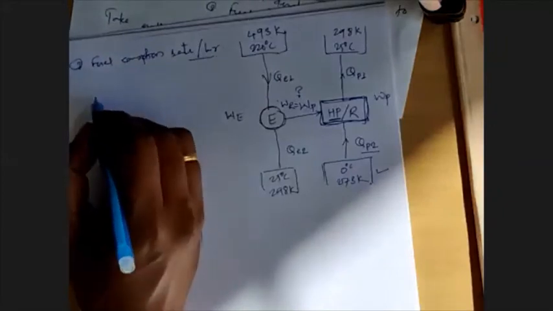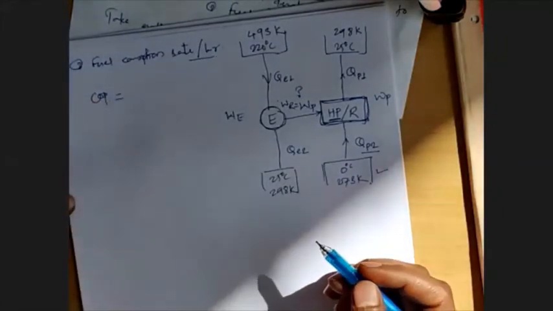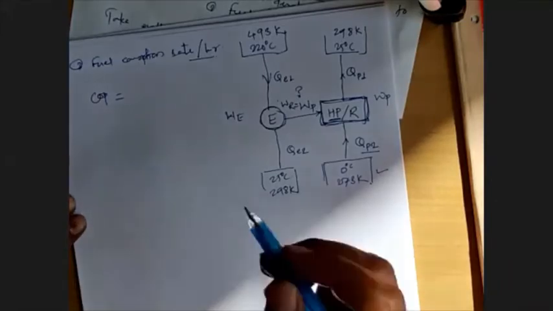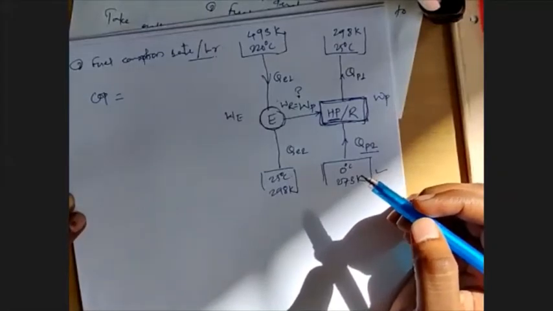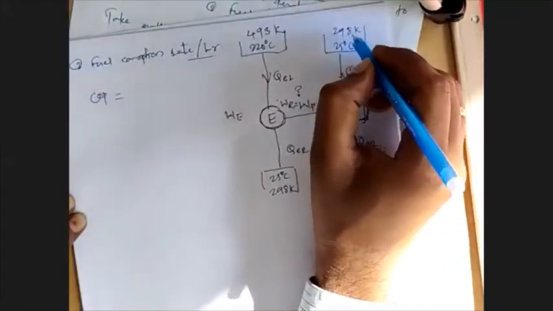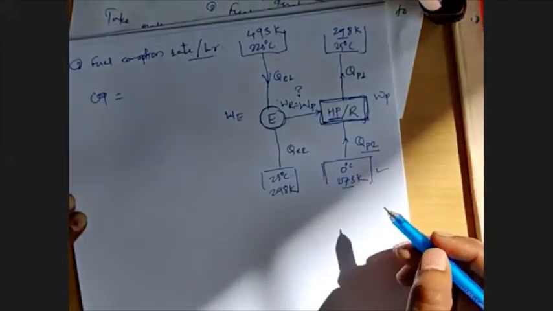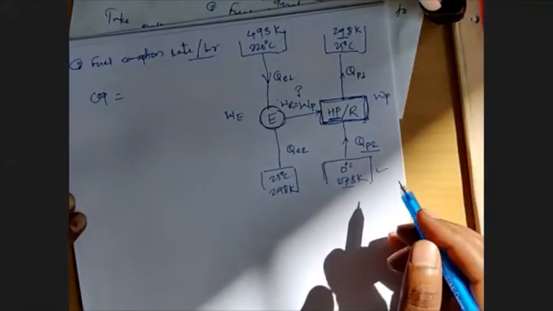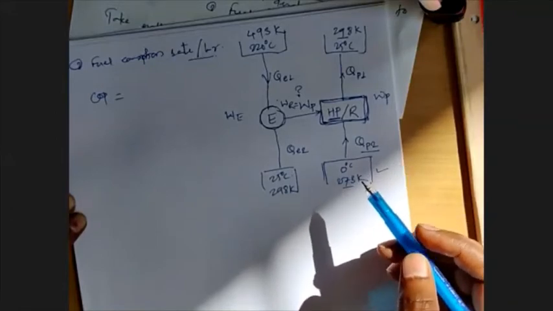So the COP of that reverse heat pump or refrigerator, can you tell me the relation in terms of temperature? Anybody? Directly tell me in terms of these values, 298 and 273. What will be the relation for COP? Intended effect is this one.